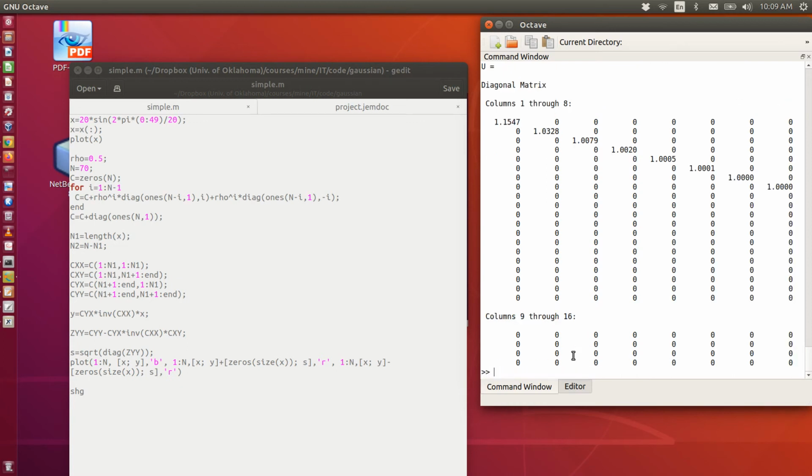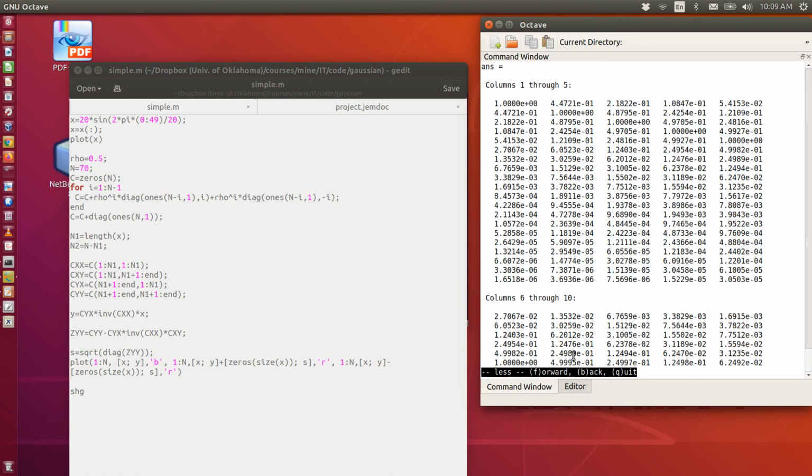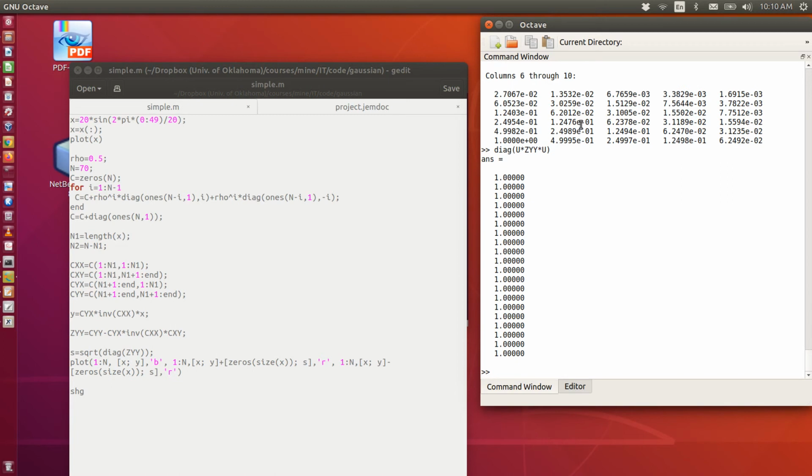And then if I have U times CYY times U, it should give me the diagonal equal to 1. Yes, looks like it's okay, right? Diagonal is 1.